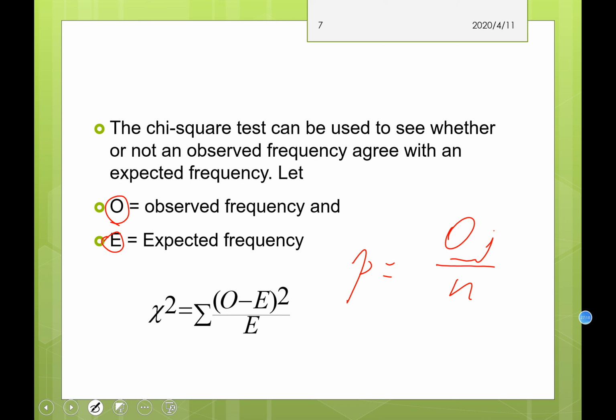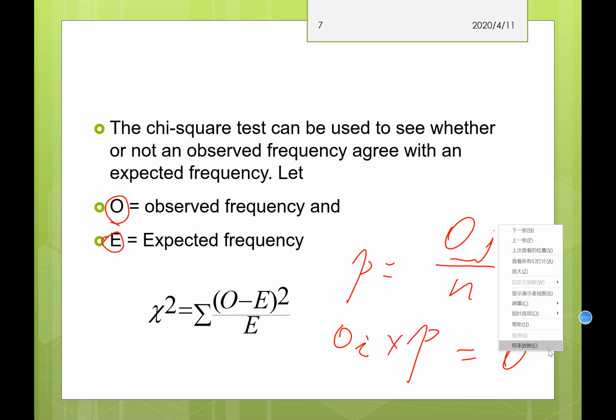So here we expect Oi, which means the row total, times P should be equal to its expected frequency.